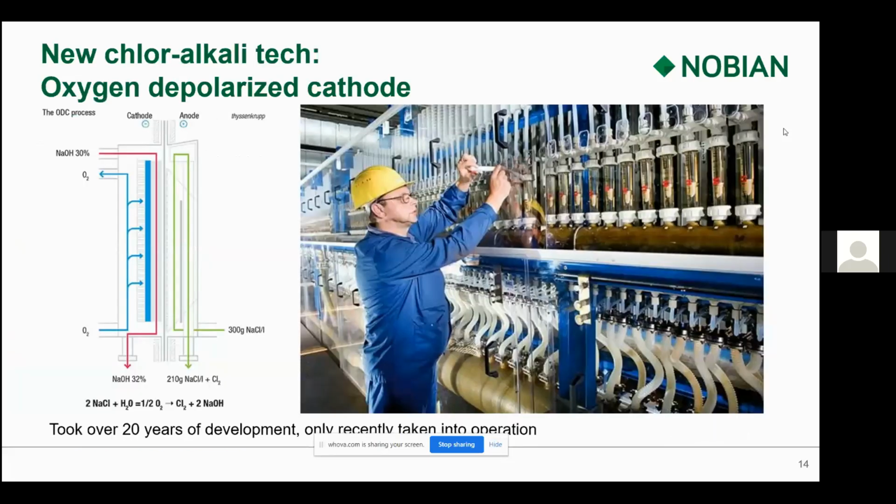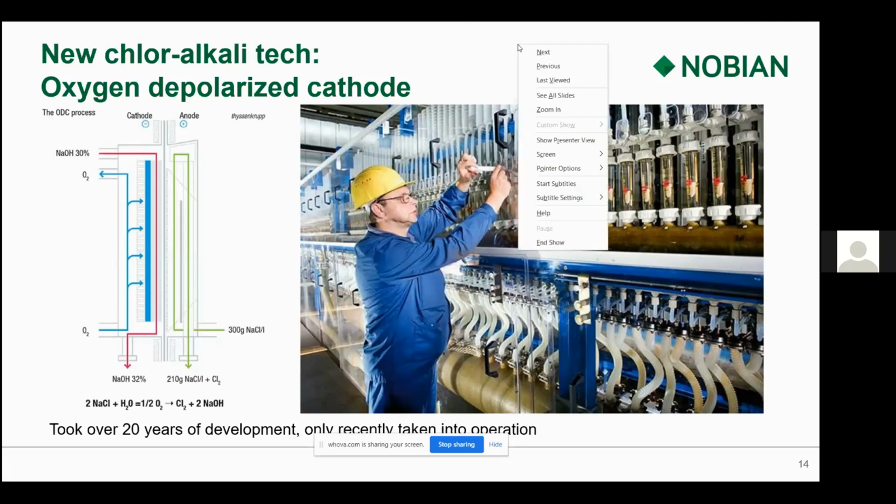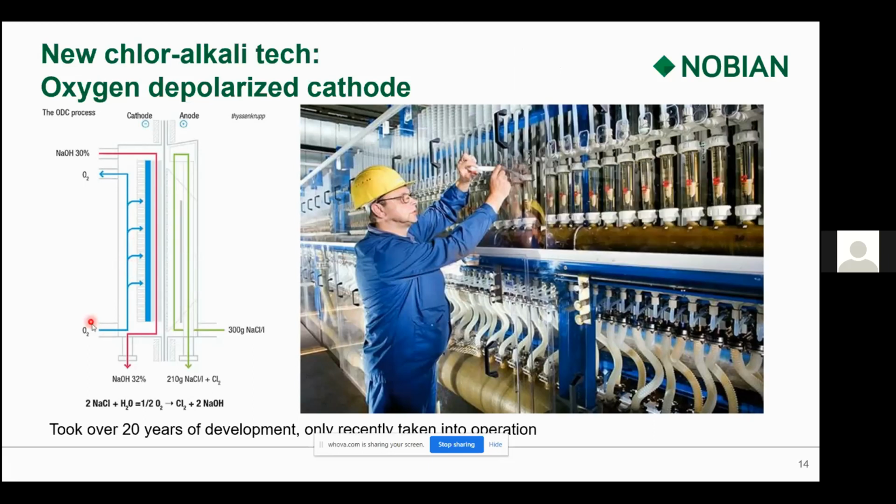One thing I think is also nice to mention, since I think most of you are focused on CO2 electroreduction, is that another nice electrochemical process developed in the field of chloralkali, namely the oxygen depolarized cathode. In the oxygen depolarized cathode, we don't produce hydrogen on the cathode of the chloralkali process.